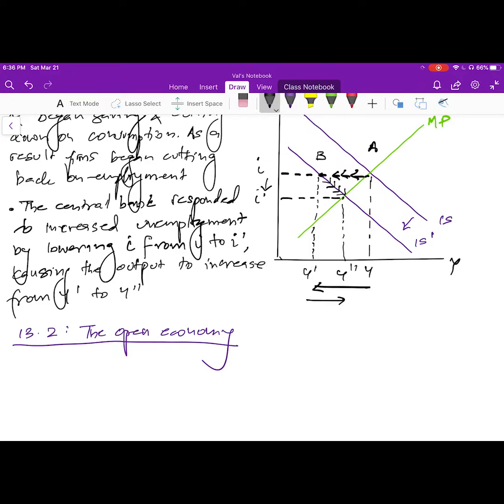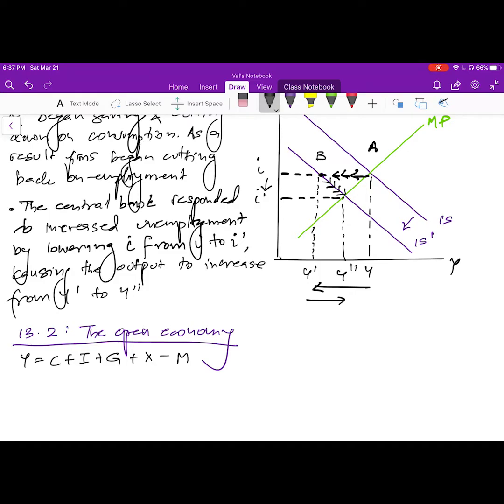So remember when I started this lecture, we talked about how output for a closed economy, y, was equal to C plus I plus G. Well, now we get to change that and add exports and imports. So exports are what you're buying in, and imports are what you're selling, right?